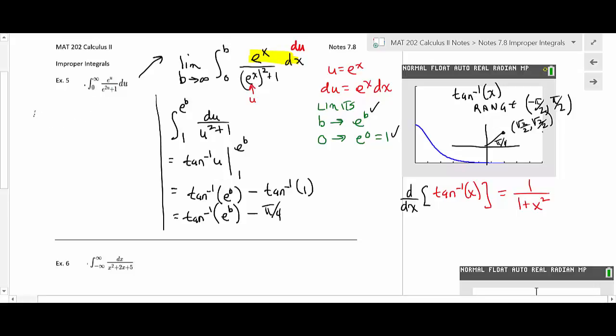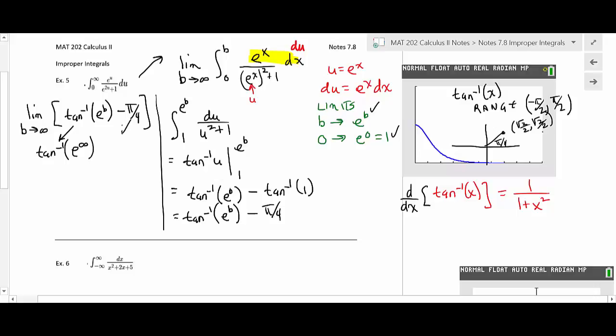Okay, so now we're ready to do the limit as b goes to infinity of the inverse tangent of e to the b minus pi over 4. I'm going to skip the step where I show the limit of each part. You're welcome to do that. So when we're doing this, we're doing the inverse tangent of e to some infinite number.